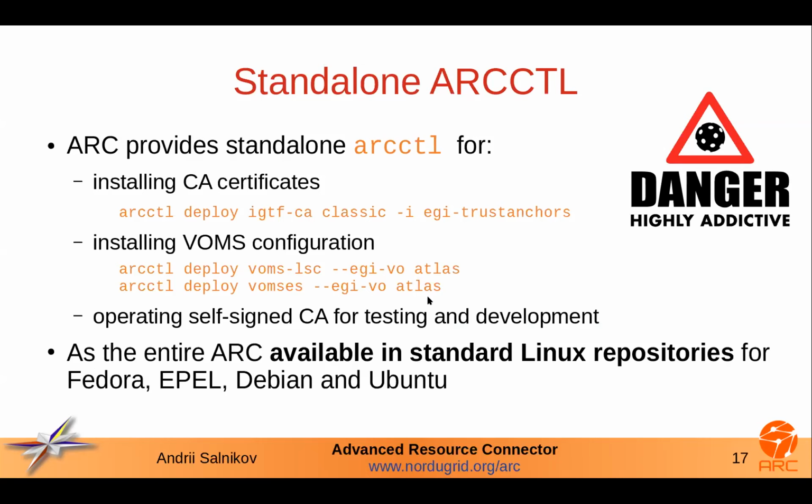We implemented the integration with the EGI virtual organization database, so all information in the EGI virtual organization database can be fetched by arcctl and deployed on your host in the standard location. The third part of the standalone package is a self-signed certificate authority that was implemented for testing and development purposes.